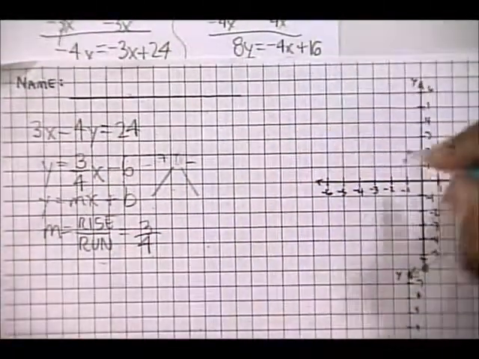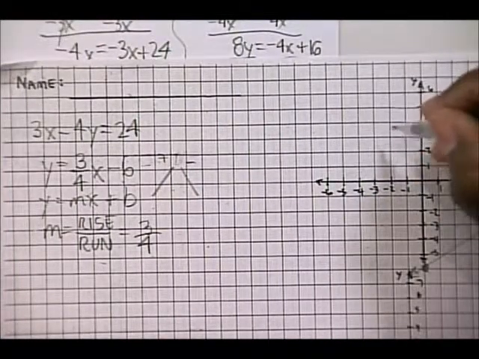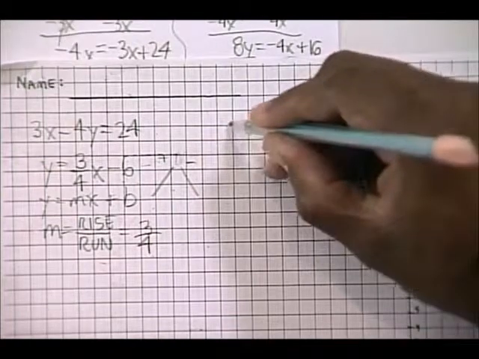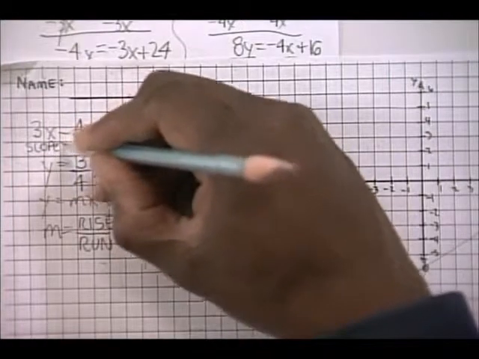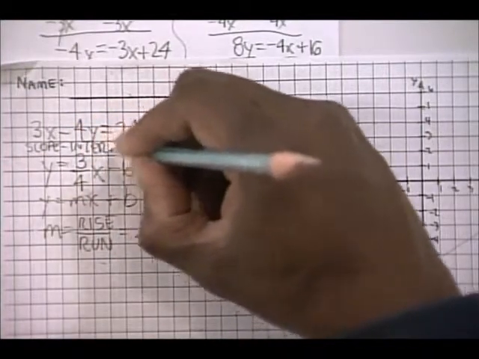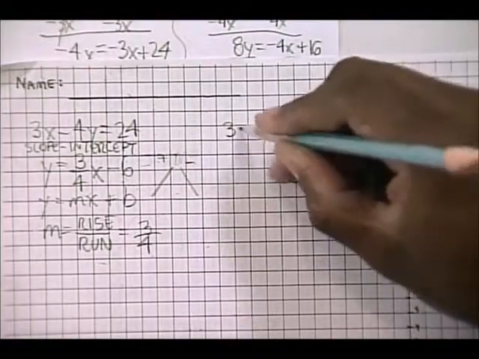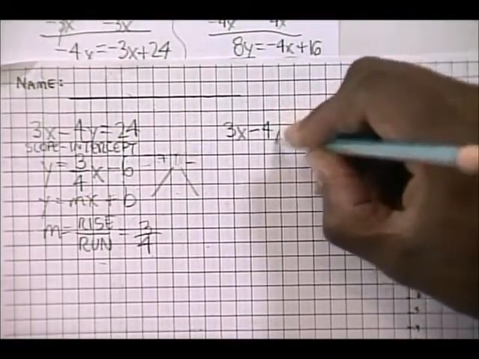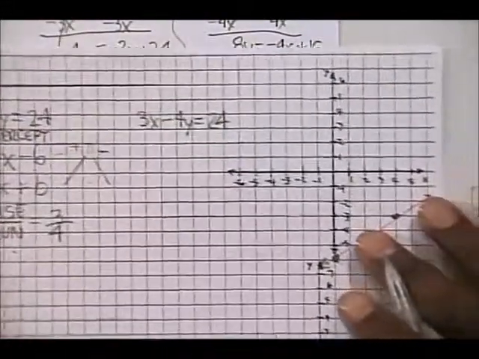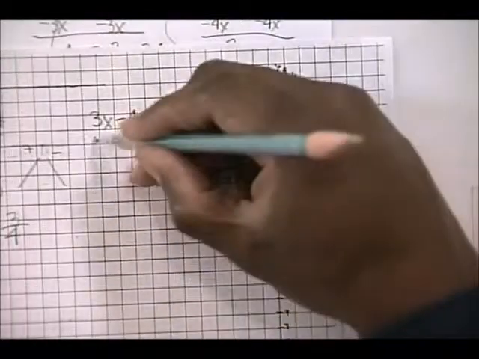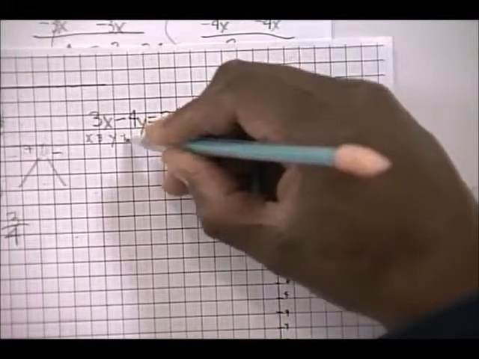The second method of graphing an equation of a line is to use intercepts. All right, so same problem, this is called the slope-intercept approach. The second approach to sketching 3x minus 4y is 24 is to use intercepts, the x and y intercepts.